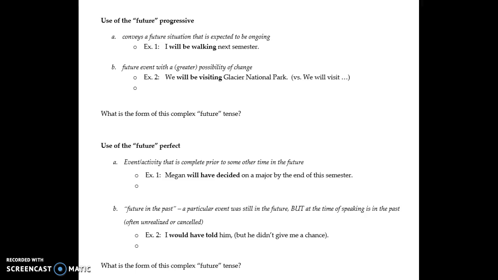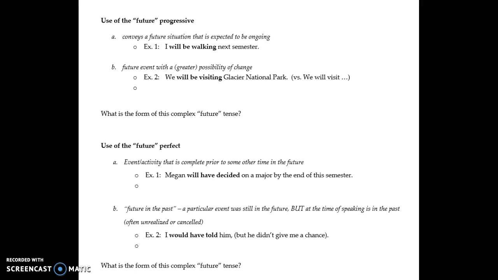So if you compare we will visit, it's an intention, a future intention, but if I say we will be visiting, it kind of feels a little less certain of an intention. It's still a little bit less likely, even though when we say we will visit, there is some element of uncertainty there as well.